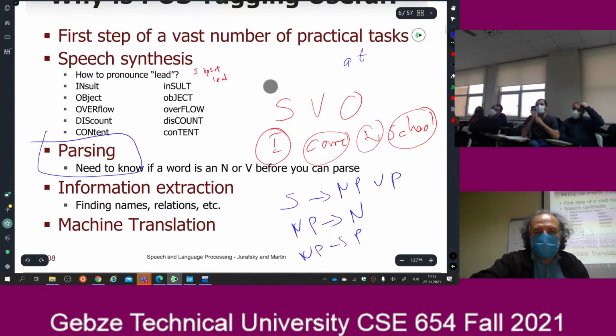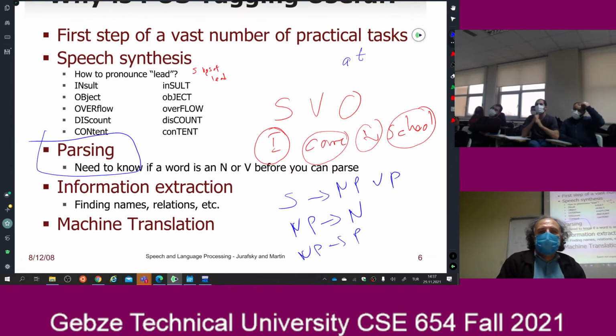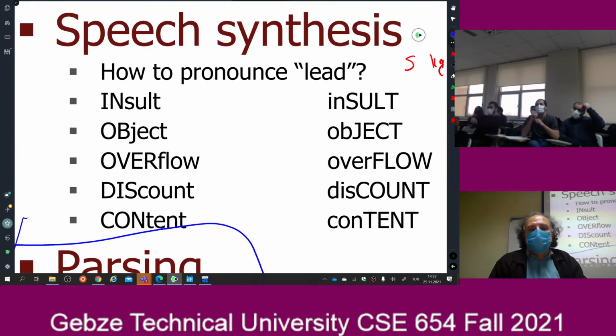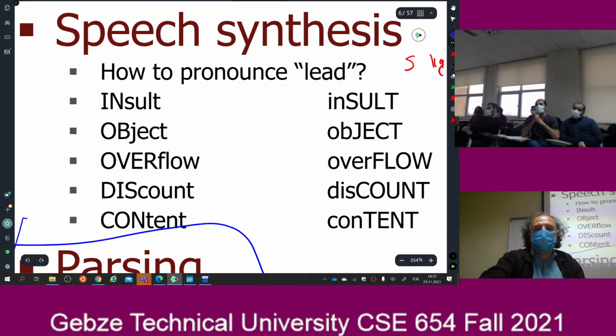Again, why are we doing this? For speech synthesis. Sometimes object and object are two different words. One of them is a noun, the other one is a verb. When you start with object, this is verb, this is noun.